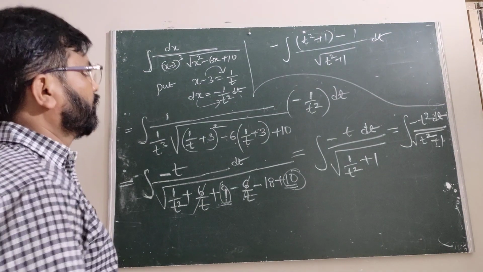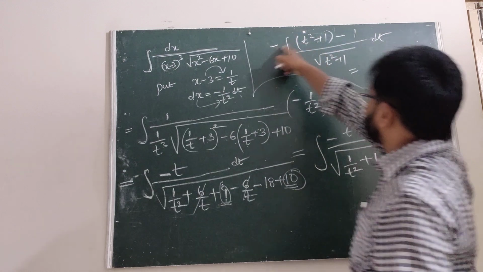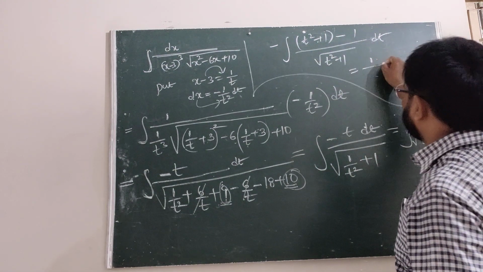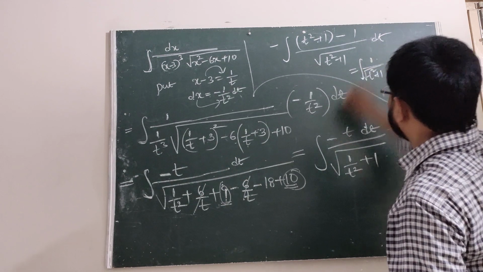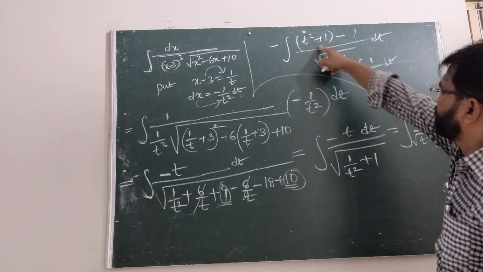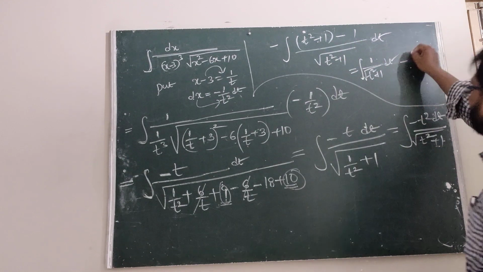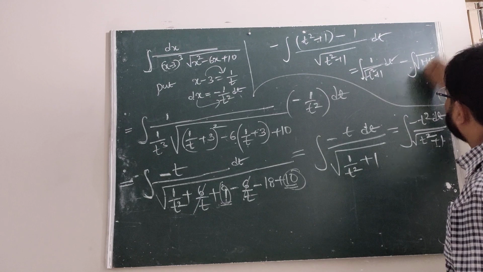After that, we can write here minus into minus plus 1 upon root of t square plus 1. You can separate this one. Now this is minus of root of 1 plus t square.